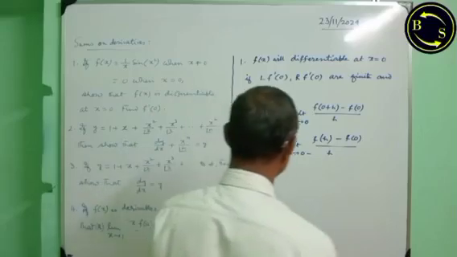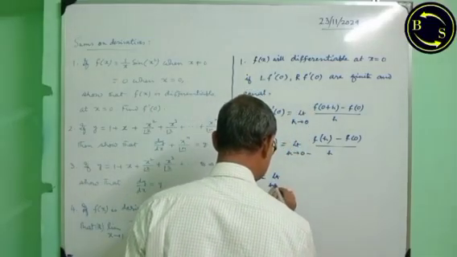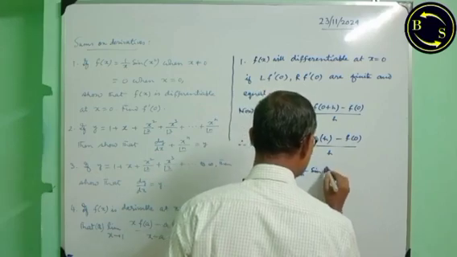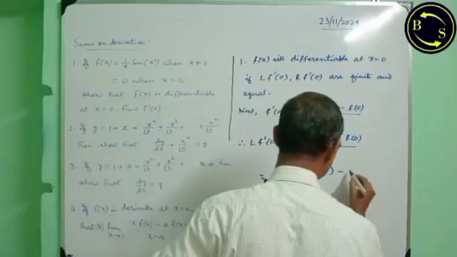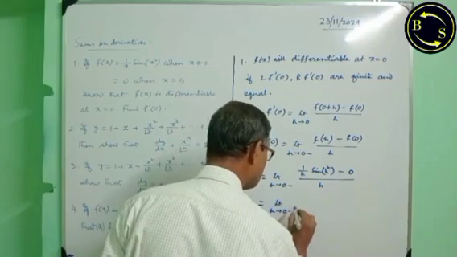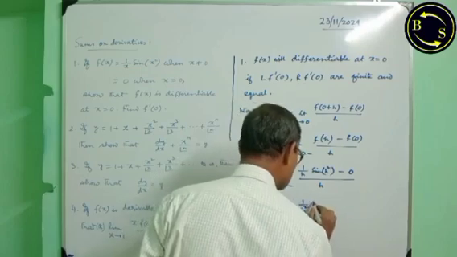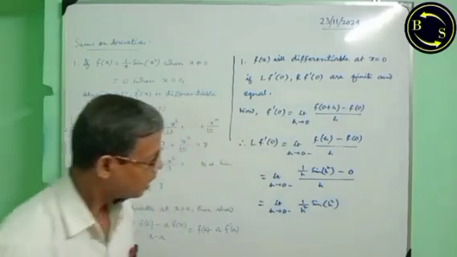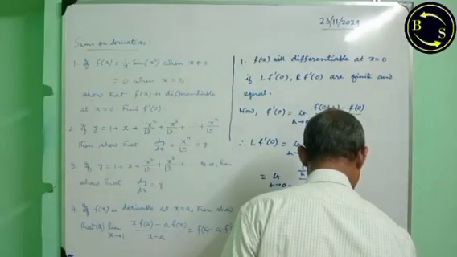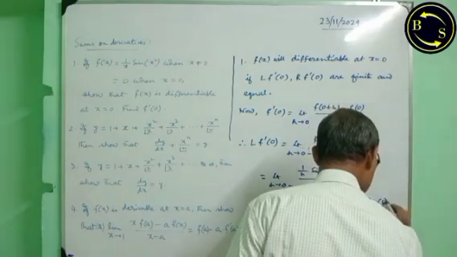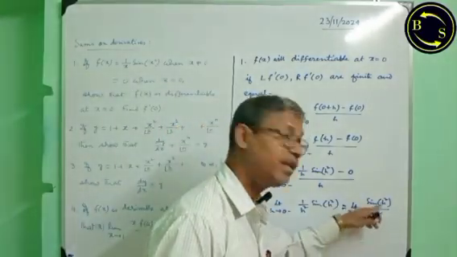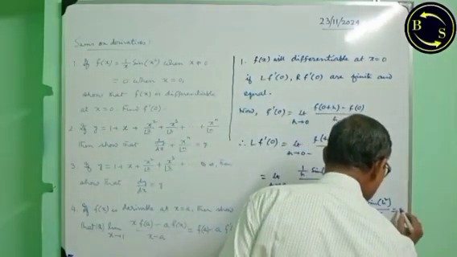Therefore, we can write here 1 by h sine h squared, f(0) as per definition 0, by h, that is equal to limit h tends to 0 minus 1 by h squared sine of h squared. h is very small, therefore limit h squared tends to 0 of sine h squared by h squared. Considering h squared as a new variable, say k, limit k tends to 0 of sine k by k, that is a standard limit form, that will be equal to 1.